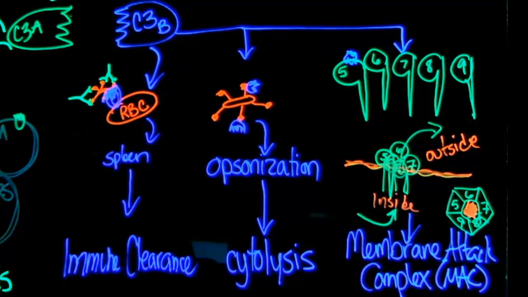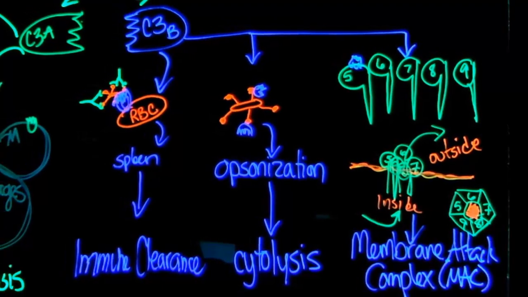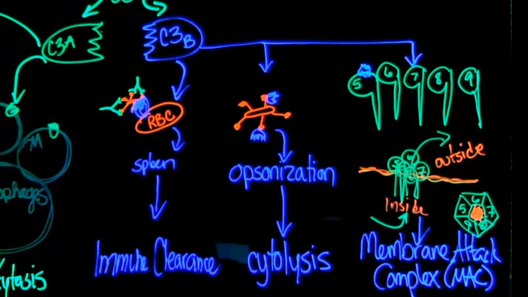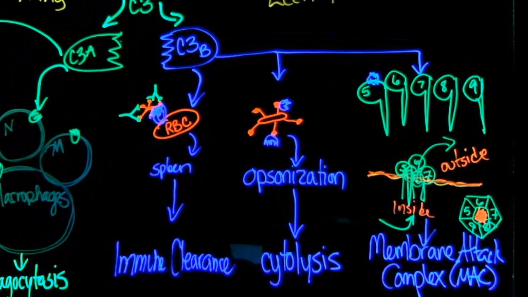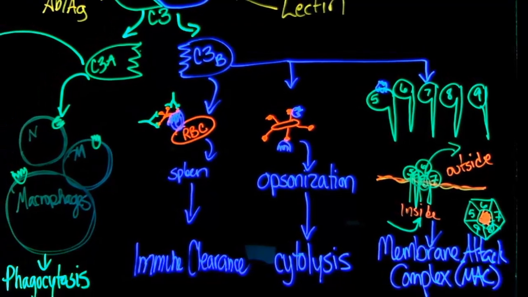Complement 5 calls in its buddy complement 6, which calls in complement 7, and so forth, until we have C5 through C9 stabbed through a plasma membrane to create a ring, or membrane attack complex. That disrupts the plasma membrane and allows a bit of the plasma membrane to pop out, thus reducing that semi-permeable membrane function that is so critical for all cells. Now the inside of the cell is going to begin to leak outside of the cell, and this is another feature that lends itself towards cytolysis.